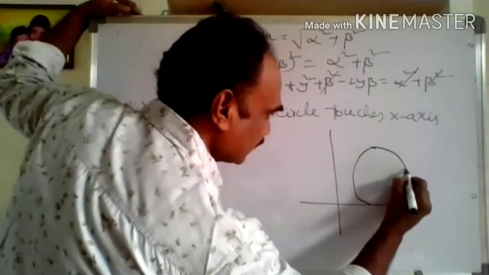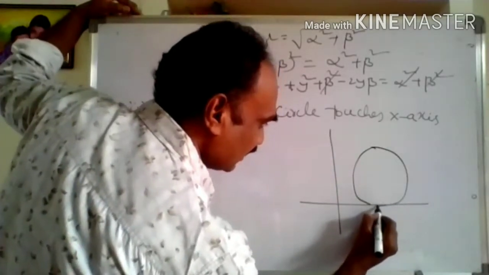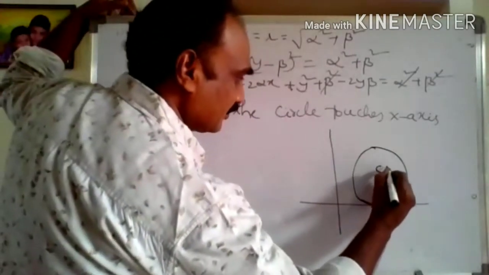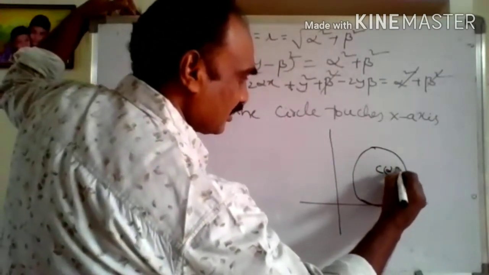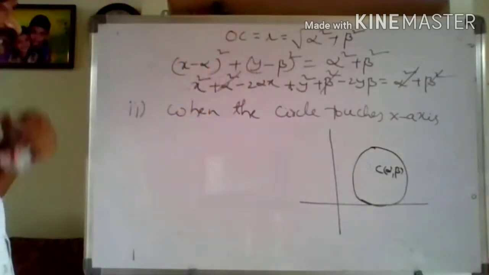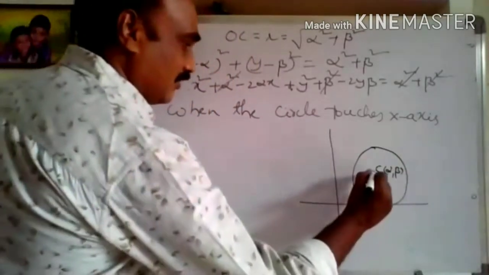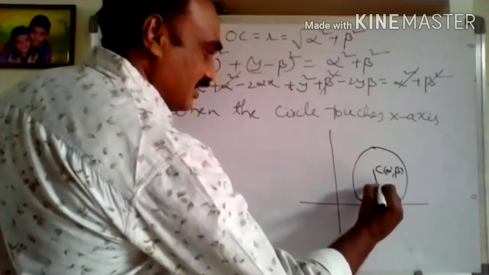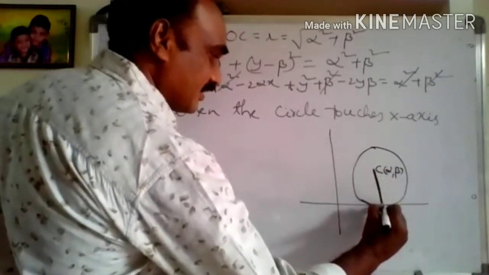Suppose the center is (alpha, beta). I'm taking the center as (alpha, beta). What is the radius equal to? This distance is equal to the radius.